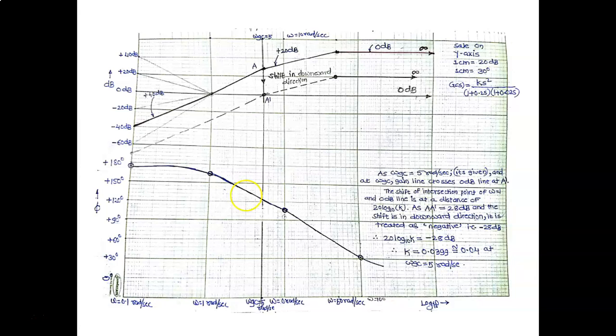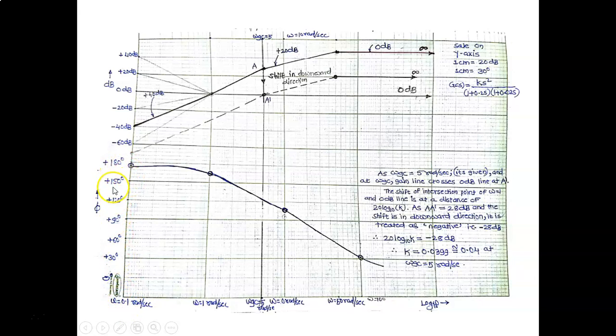Now again the x-axis is a logarithmic scale, that is omega starting from 0.1 to 1, 1 to 10, 10 to 100, like this. We have to take the scale on the y-axis: 1 cm is equal to 20 dB and 1 cm is equal to 30 degrees. Since the angles are positive, from the bottom we start 0 degree, 30, 60, 90, 120, 150, 180.